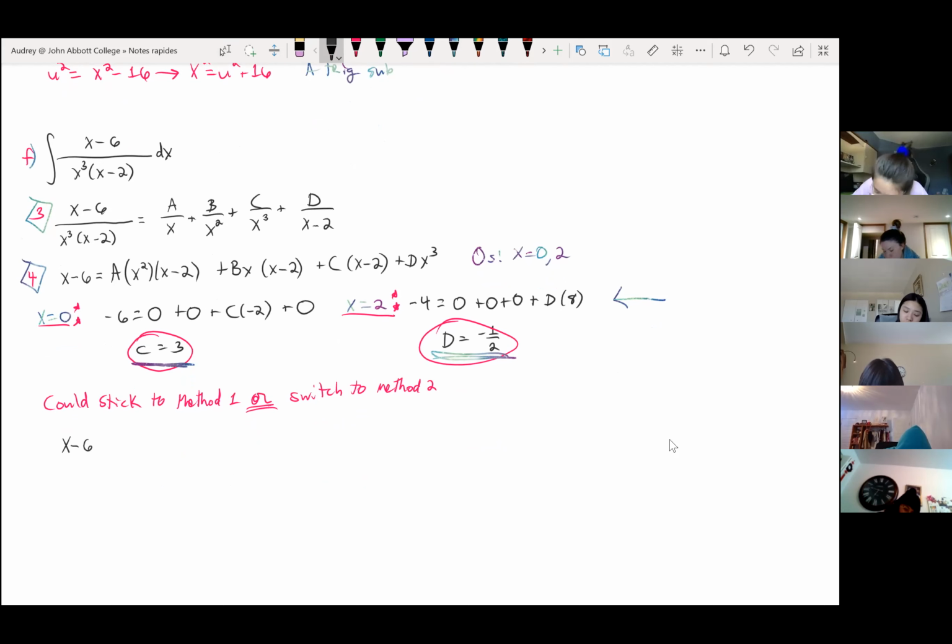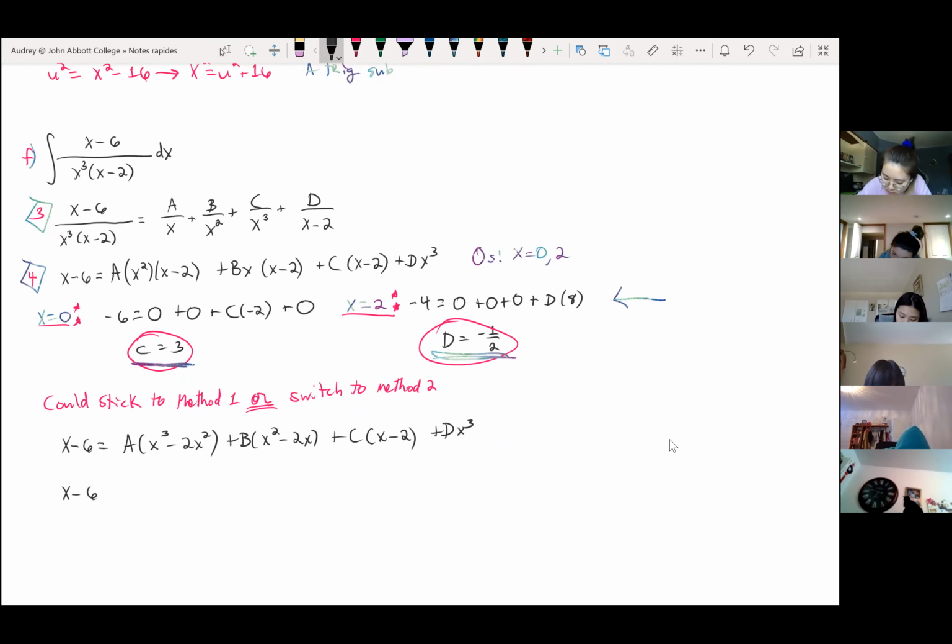So here I'm going to have x minus 6 is equal to a, I'm going to do this in 2 steps, x cubed minus 2x squared, plus b times x squared minus 2x, plus c times x minus 2, plus dx cubed.